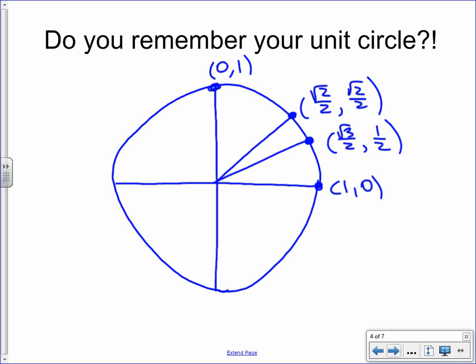And what's the tangent at pi over 6? Radical 3 over 3. And so then at pi over 3, our coordinate is 1/2, radical 3 over 2. And the tangent of pi over 3 is radical 3. Just a reminder for you because we're going to need to know those. So we're going to start off very simple.